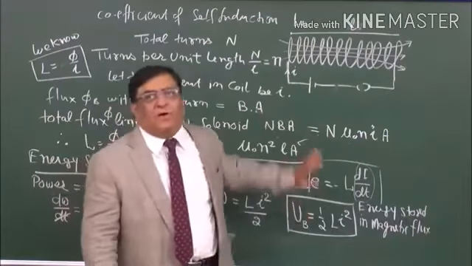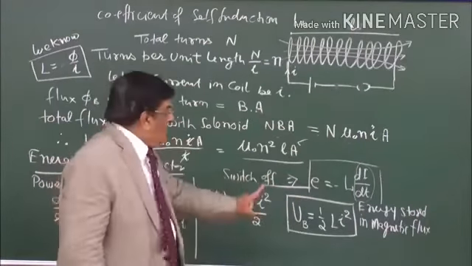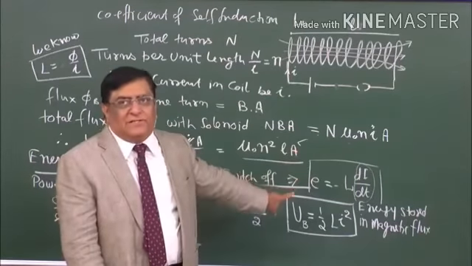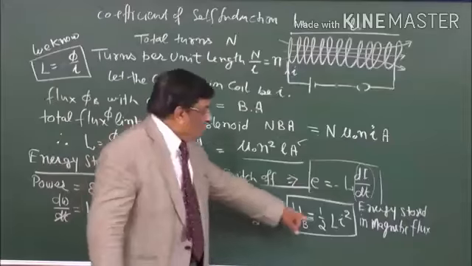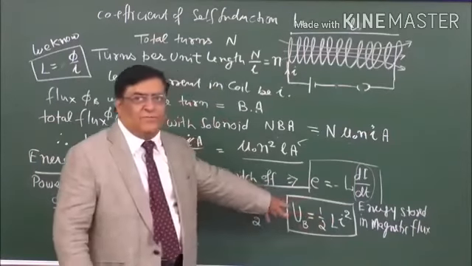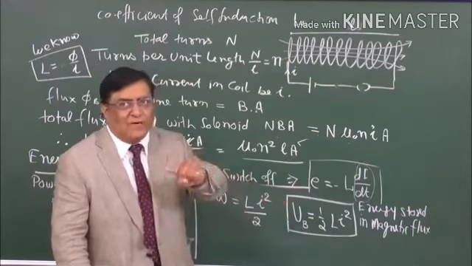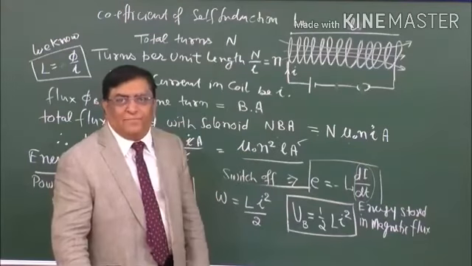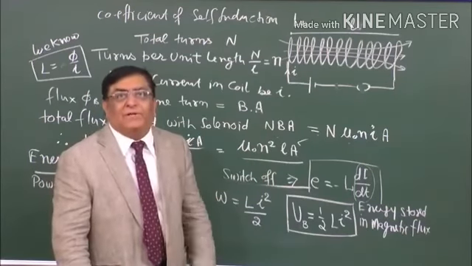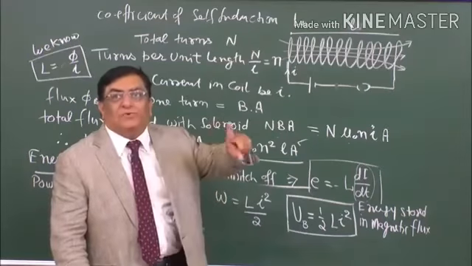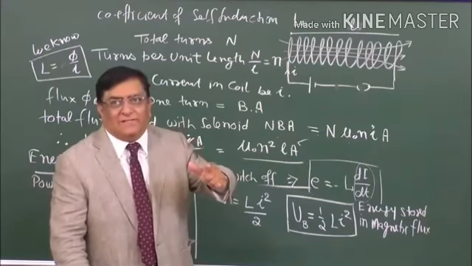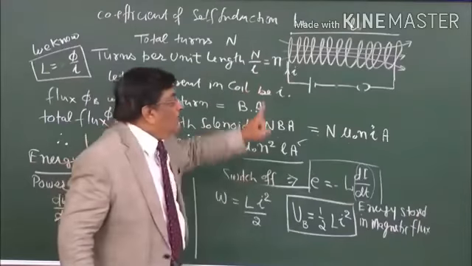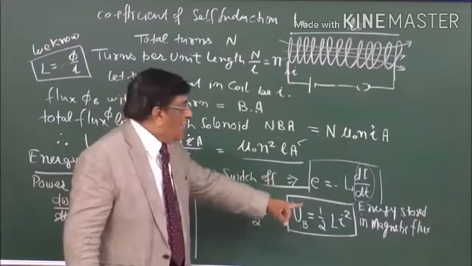So this is the working of an inductor. Please remember, this is the energy stored in the magnetic field. This is the formula for energy. Remember this formula? Mechanical energy, half m v square. M is a constant, v is variable. In a capacitor, energy is half C V square. C, capacitance, is constant, and voltage is the quantity which is variable. In an inductor, it is half L I square.